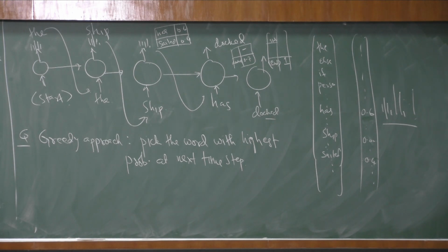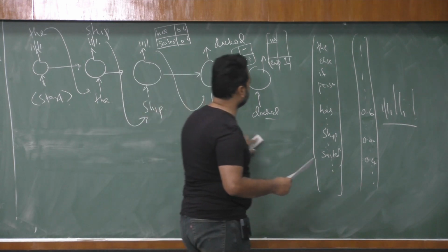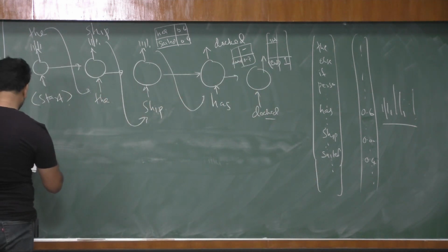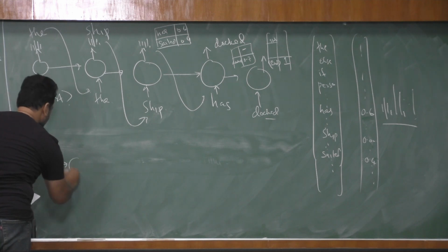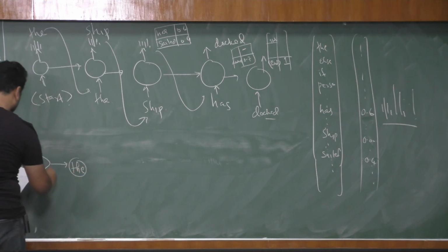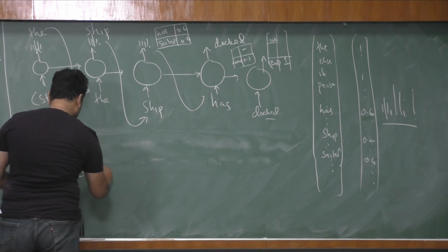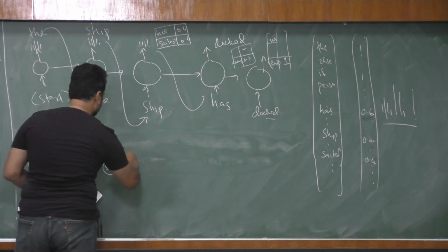Okay, so with this in mind, I can demonstrate it here with a small example. We start with the start token, and then we produce "the", and let us say all this is with probability 1, and then also with probability 1 we predict "ship", and then we have a branching here.